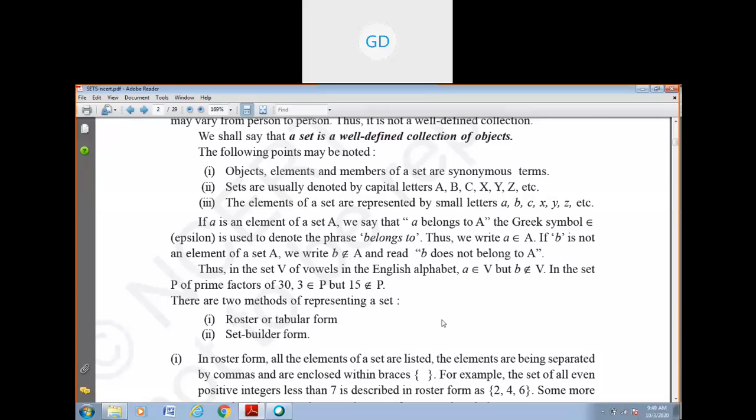Suppose capital N is the set of natural numbers always. Natural numbers are 1, 2, 3, 4, 5, 6, and so on. 0 is not a natural number.